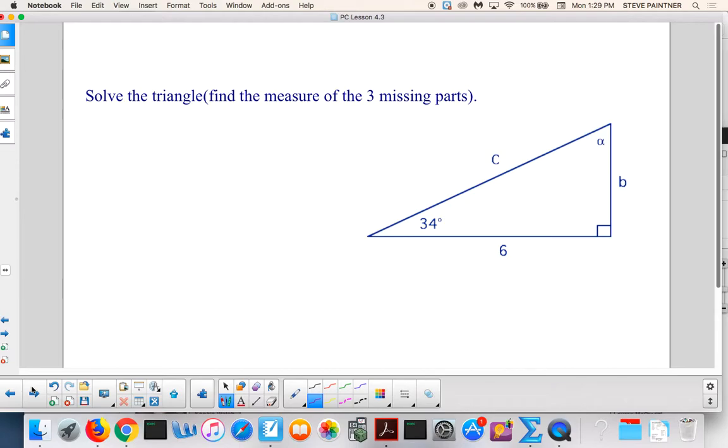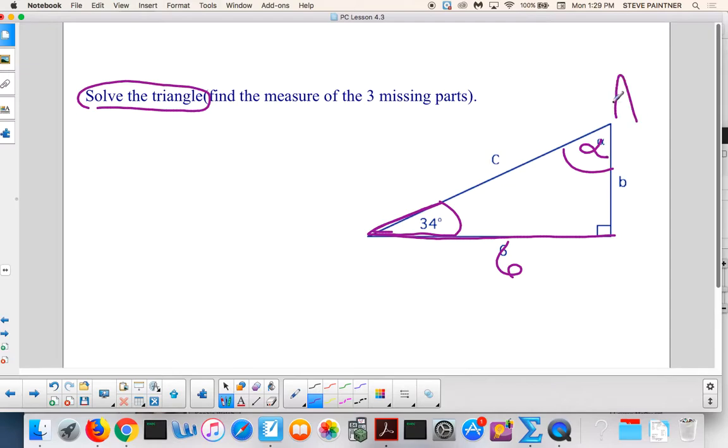Okay, now we're going to go into solve the triangle. Well, solve the triangle just means whatever sides are missing, find them. Whatever angles are missing, find them. So in this triangle, I've got a 34-degree angle here. This side is 6. Everything else is missing. So this is alpha, but that is letter what in our alphabet?